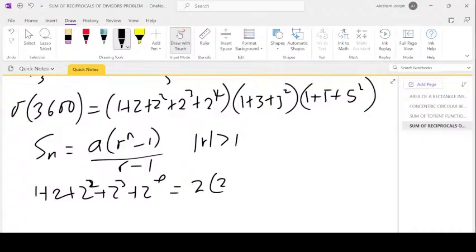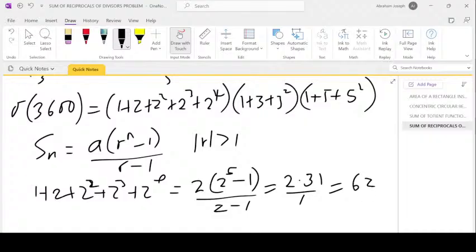Our N is the number of terms we have. We have 5 terms here, minus 1 divided by 2 minus 1 will give you 2 times 2 raised to 5, and 2 raised to 5 is 32, right? So 32 minus 1 is 31 over 1. So this answer here is 62.